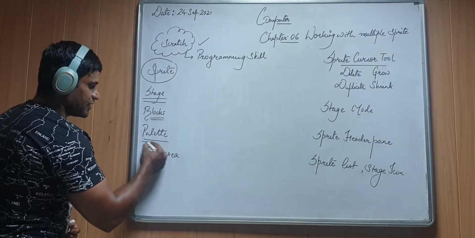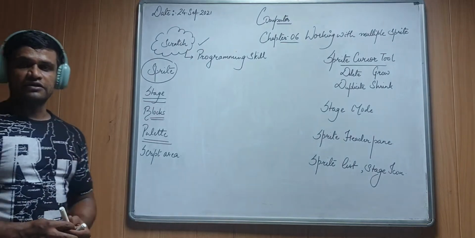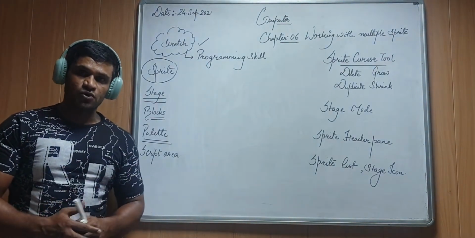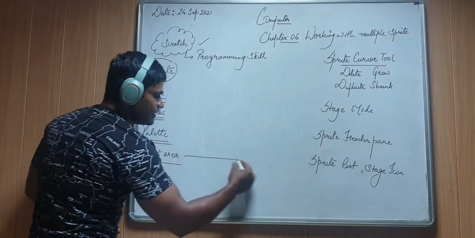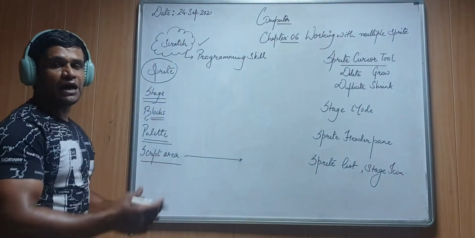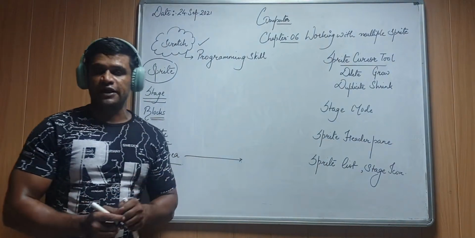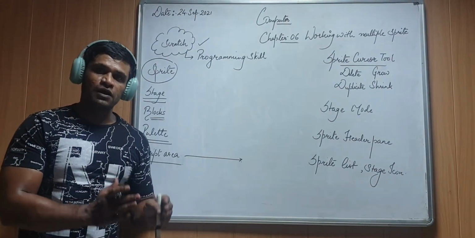Palette is again regarding your scripts, which type of script you are going to use. Script area is the area where you will drag the commands, and where you join and combine different commands to perform a task.